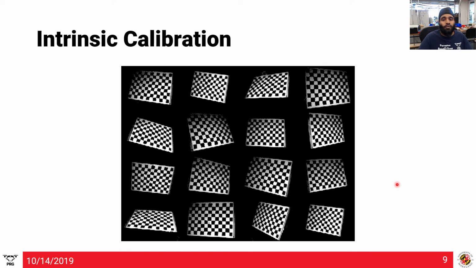The reason being, you don't want 1 or 2 images. Once you have these 30, 40 images, from each image you are trying to calibrate K, right? From a set of images you are trying to calibrate K, but that won't be perfect because your camera will have some intrinsic issues.